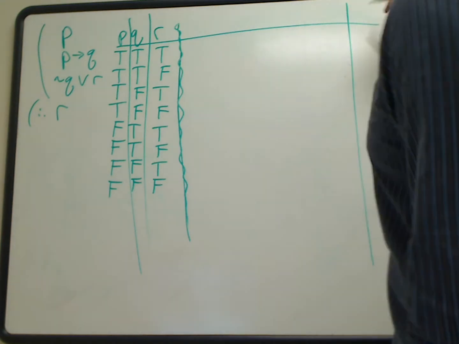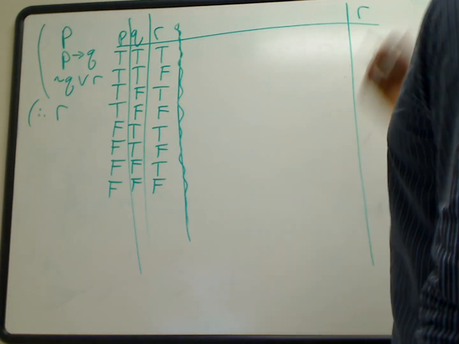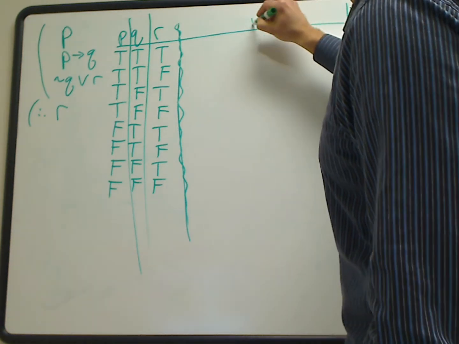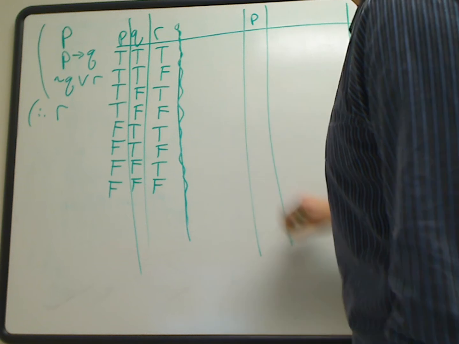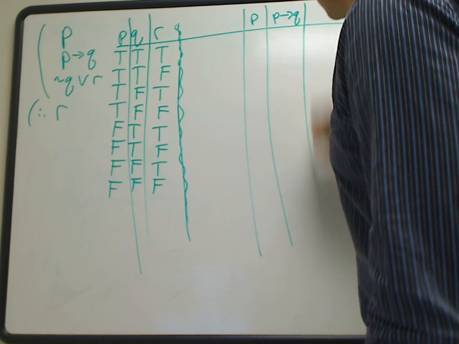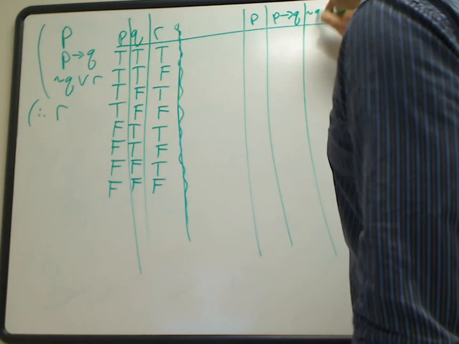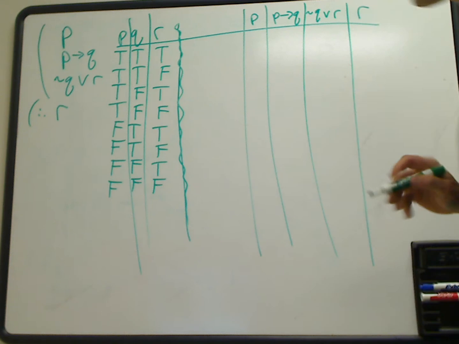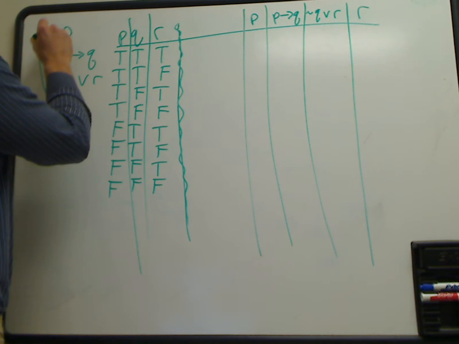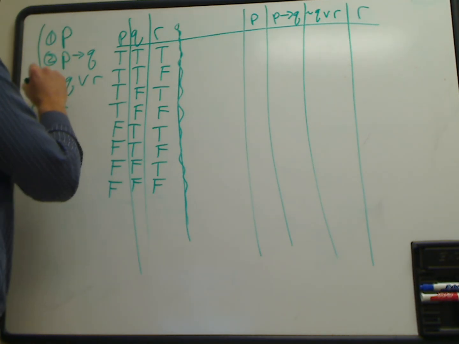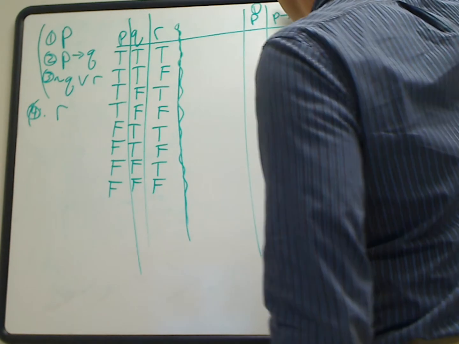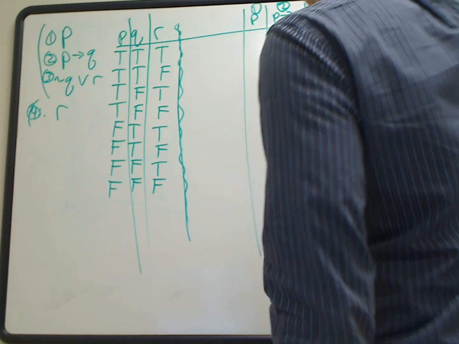I like to put the conclusion on the far right because that's where it's most comfortable for me. And then all the premises lined up before that. So we have P implies Q, and then we have not Q or R. So we have our three premises. In fact, let me just number these to make it more clear. So we have 1, 2, 3, and 4. And these correspond to 1, 2, 3, and 4.